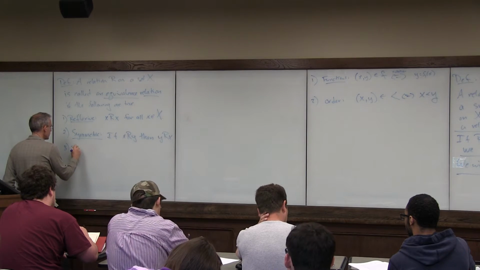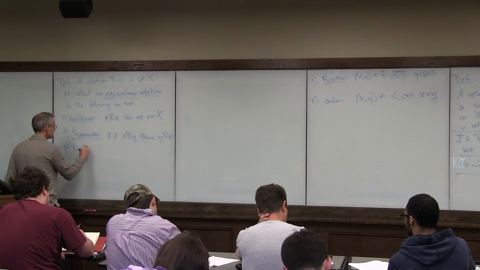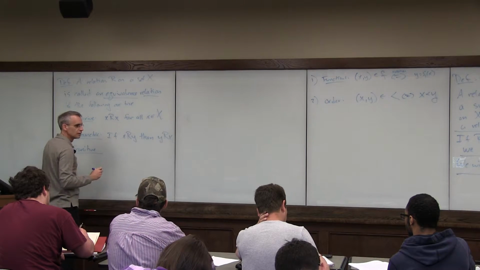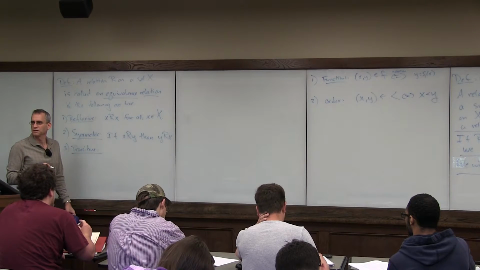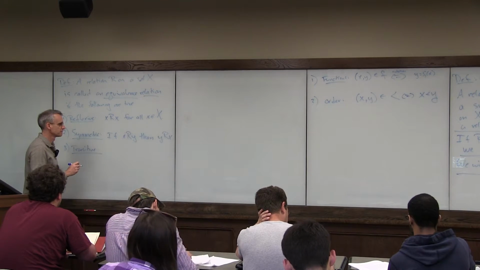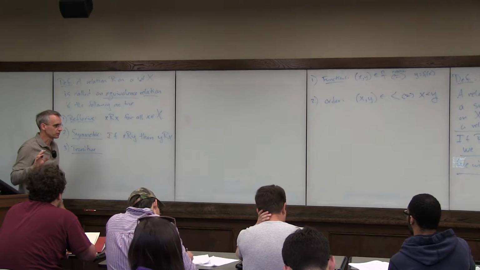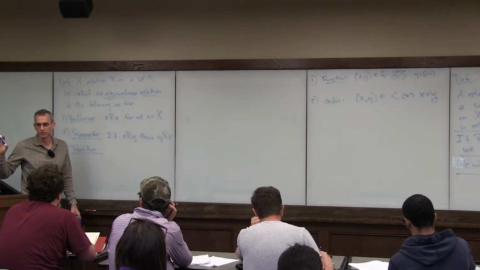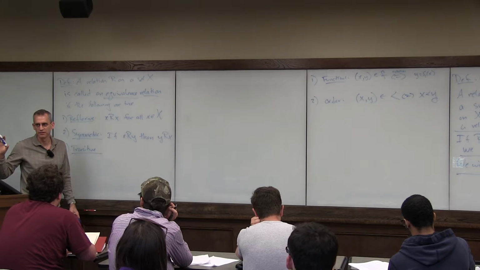And transitive, anybody got a suggestion for that? X related to Y, Y related to Z, then X related to Z. Okay, you're right, except there was a word at the beginning that either you didn't say or I didn't hear it, which is important. If.